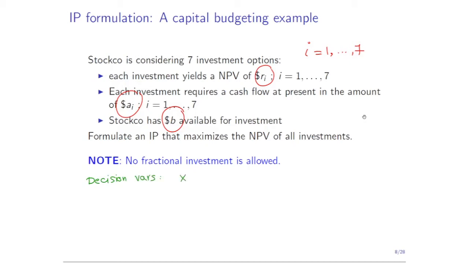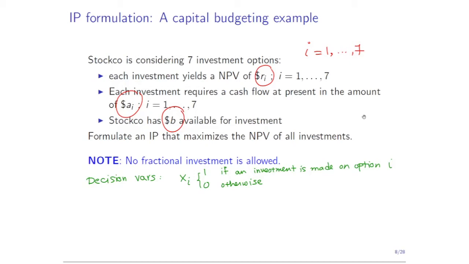For a project i, define x_i to be 1 if an investment is made on option i and 0 otherwise. So when I formulate my problem, I will get 0, 1 values for my variables, and the variables with value 1 represent the projects that I want to invest in.